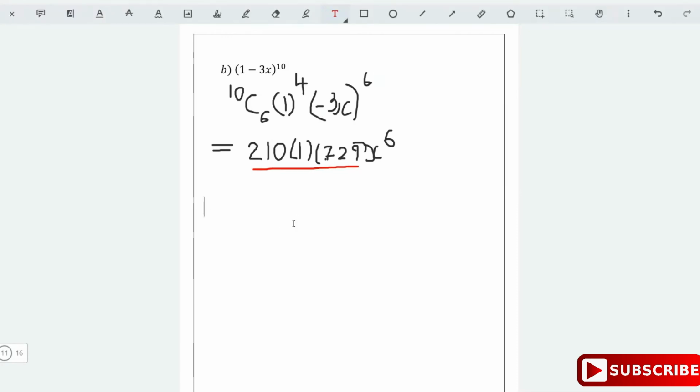So in this case, we could just tell them that the coefficient of x to the 6 is given by 210 times 729, and we evaluate that.